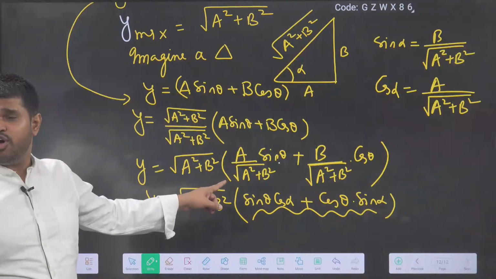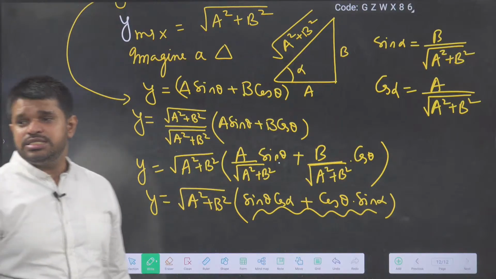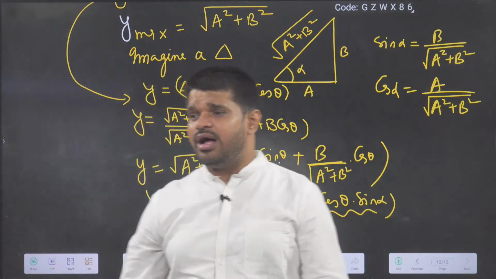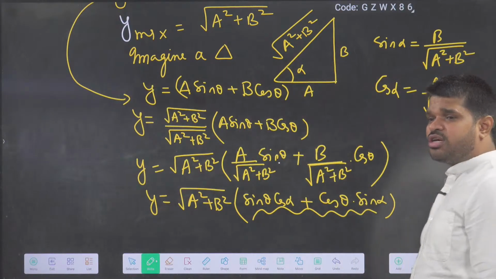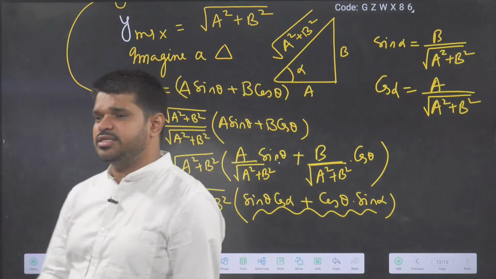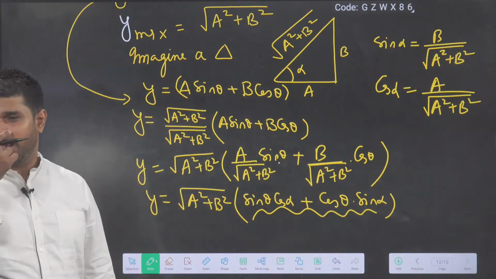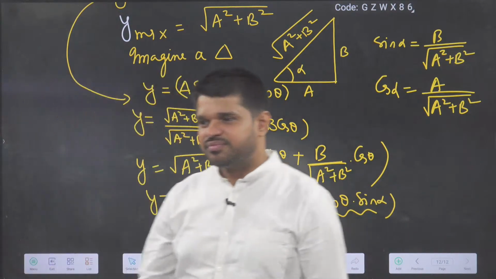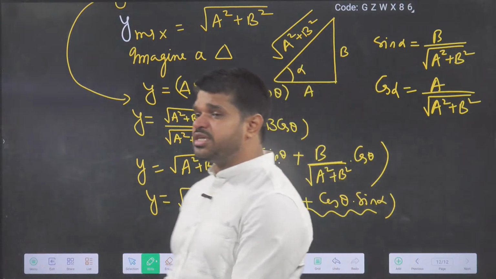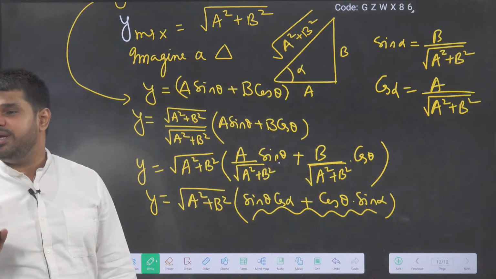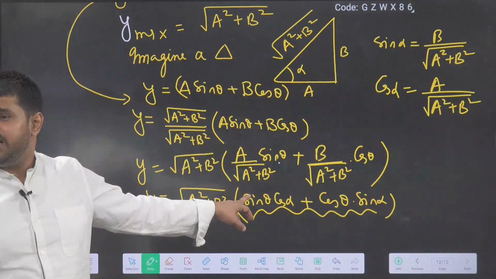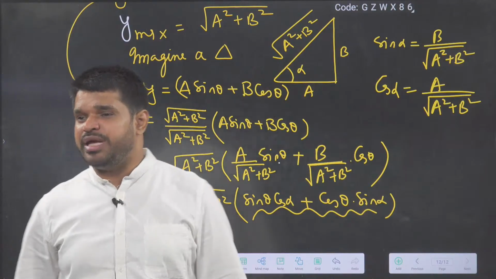Which special formula is written here? Sine theta cos alpha plus cos theta sine alpha. Sine A plus B. Okay.